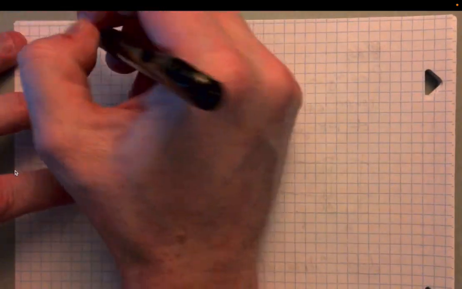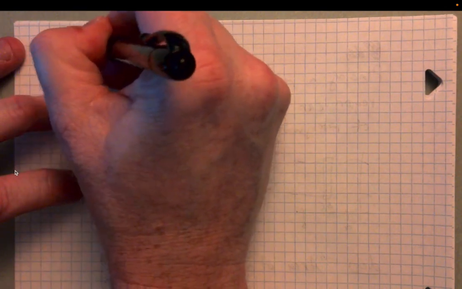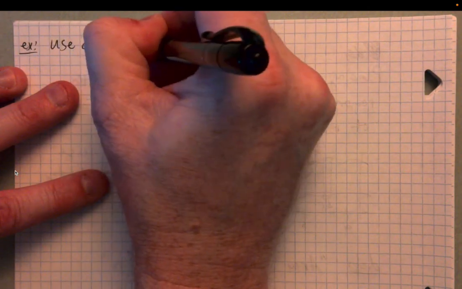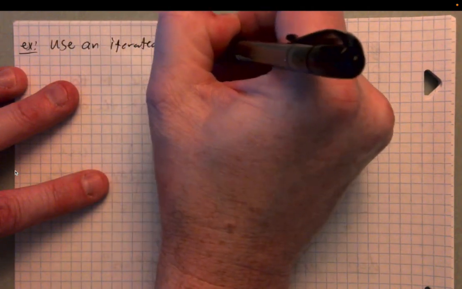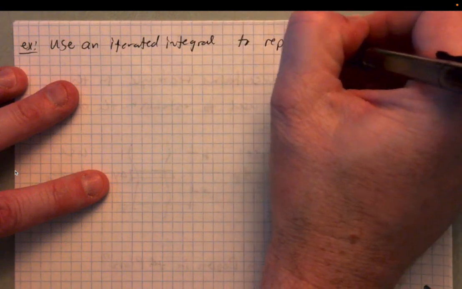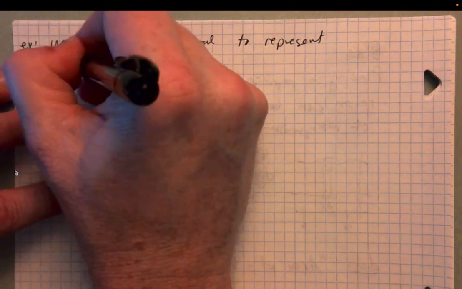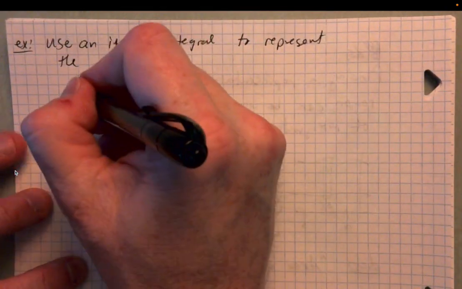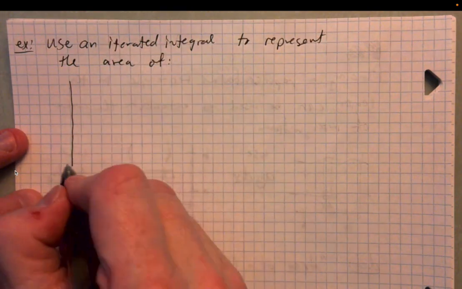So we want to use an iterated integral to represent the area of, and I'm going to draw a picture here. It's just going to be a rectangular region.